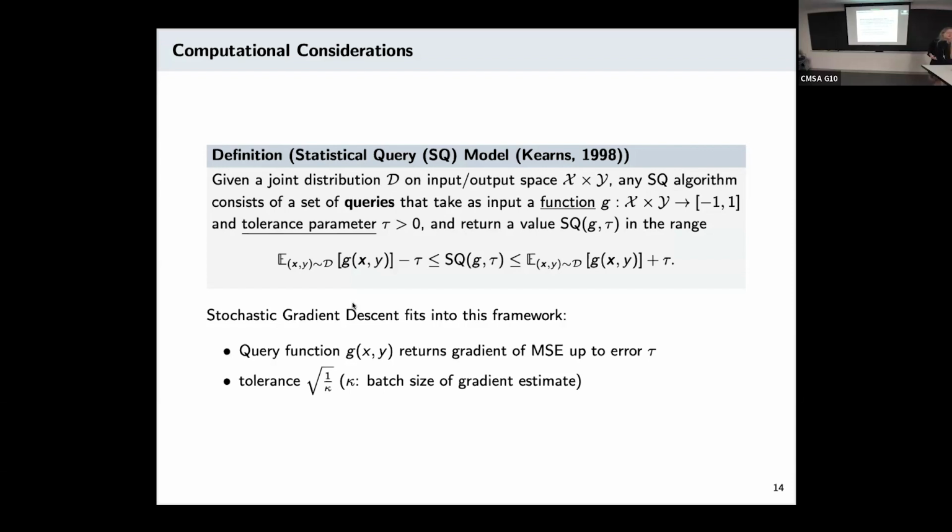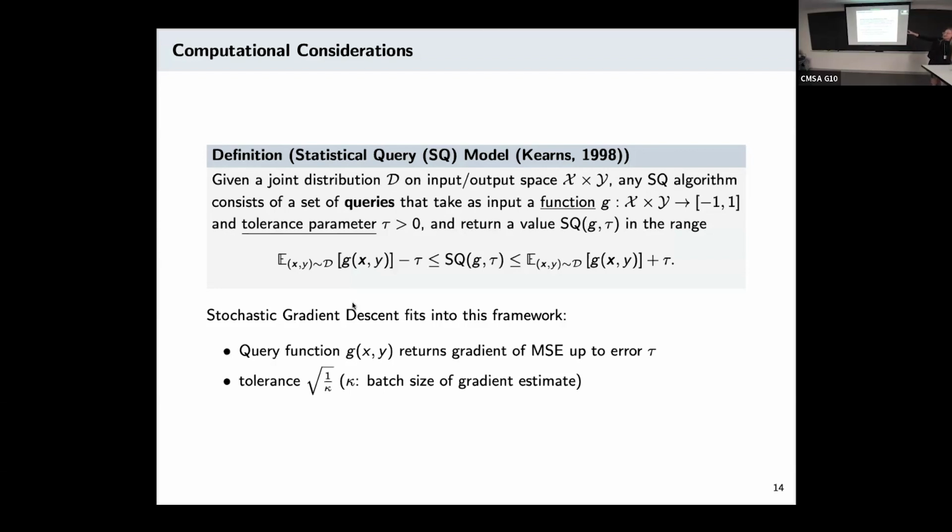In the statistical query model, the idea is to abstract away a lot of the details of the optimization approach and to break it down to the number of queries, the number of steps that we need to perform in the learning algorithm. So we define a query function that encodes what has to be measured. In our case, that's roughly speaking a call to the gradient oracle. And then we have some tolerance parameter that controls the accuracy of what we get from the oracle call.